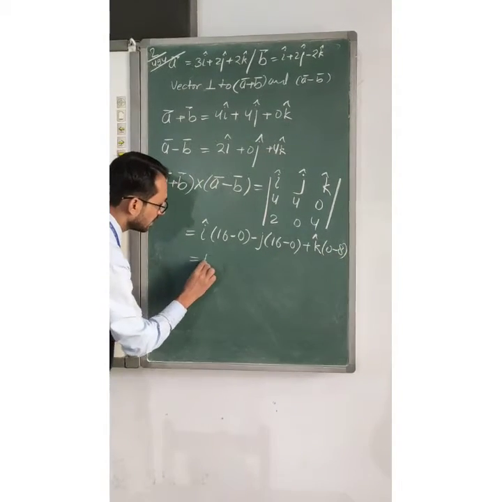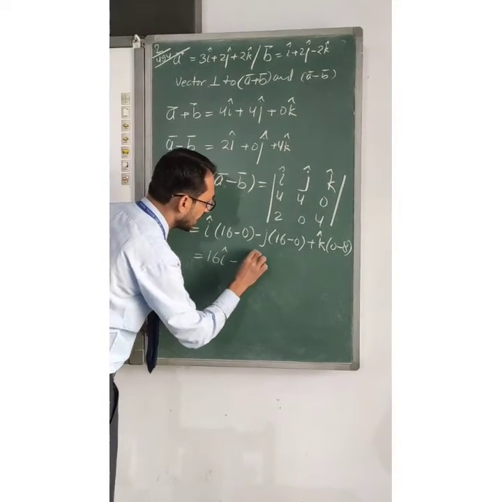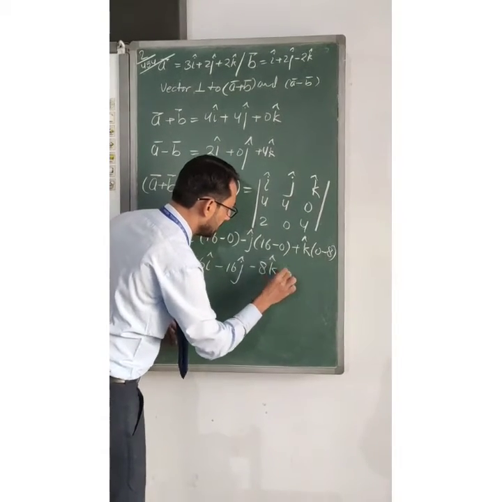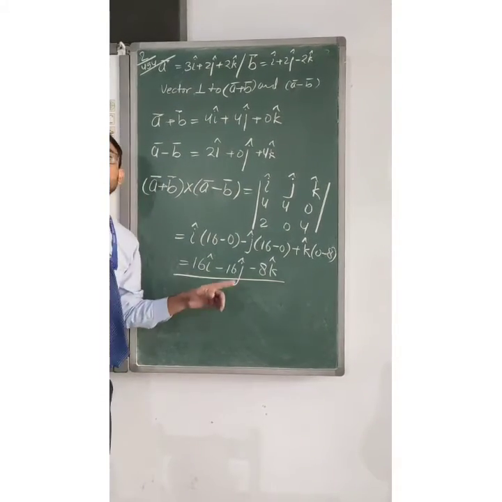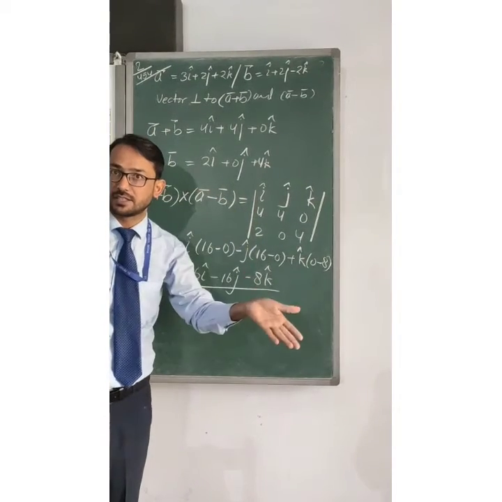So it becomes 16 i cap minus 16 j cap minus 8 k cap. This will be the vector which is perpendicular to A plus B as well as A minus B vectors.